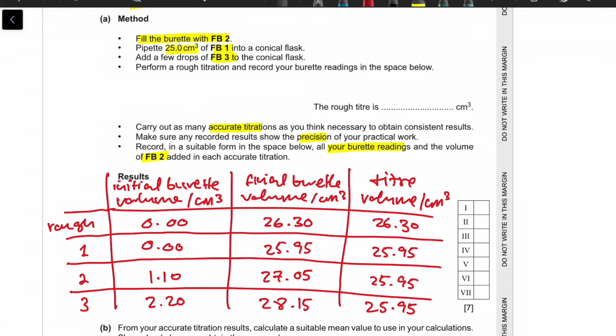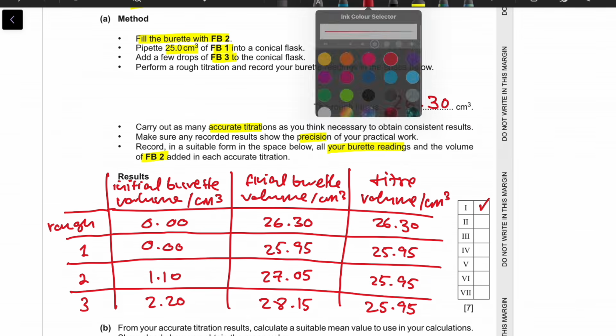So for our experiment, we got 26.30 centimeters cubed. Now, next we have to generate a table of results. We have 7 marks here. The first mark is for having 2 burette readings.